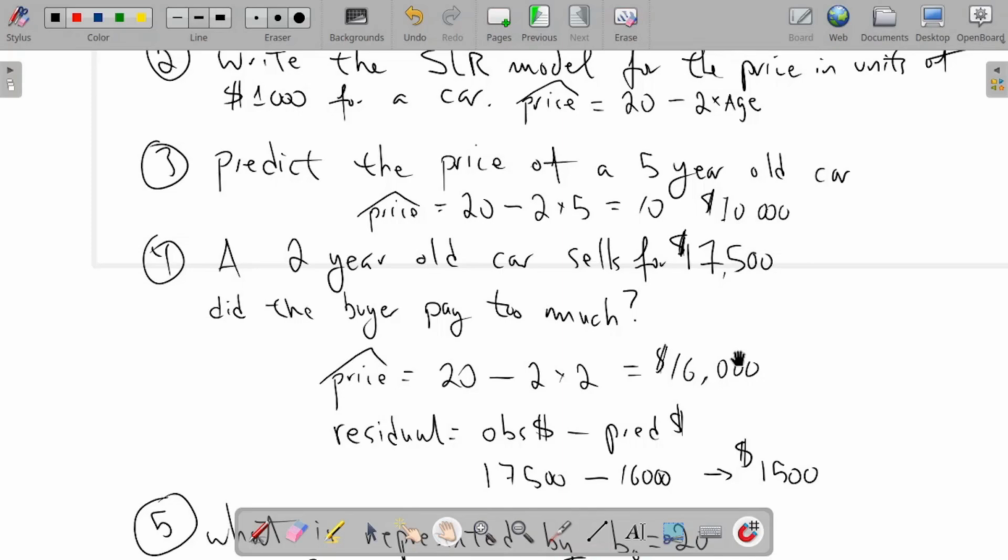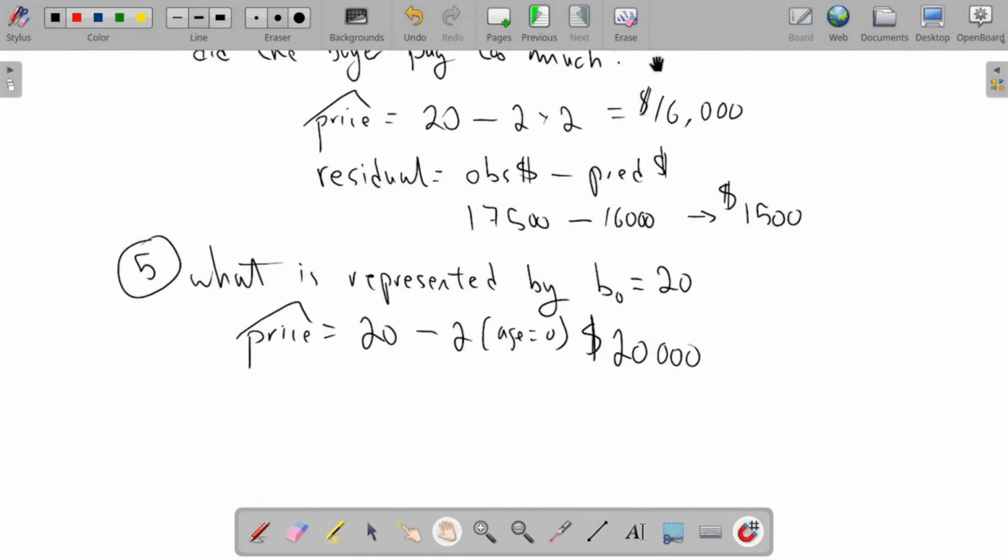You may or may not get a question like that on the exam, but keep that in mind, that oftentimes the y-intercept does have meaning in context of the problem. And that concludes the series of videos on simple linear regression.